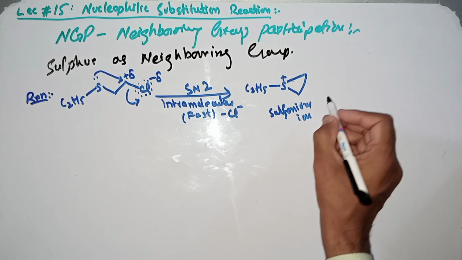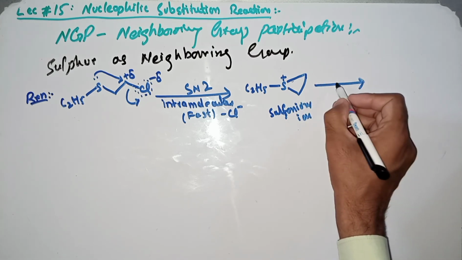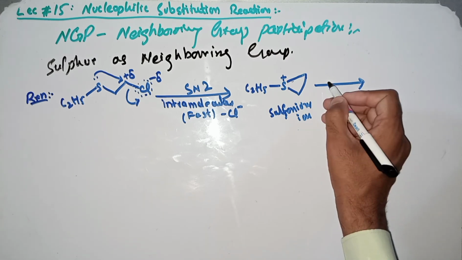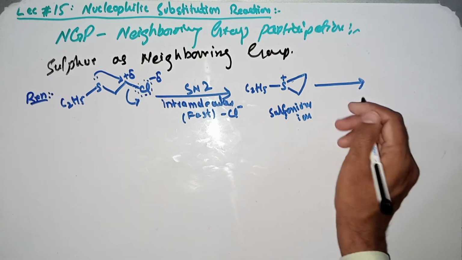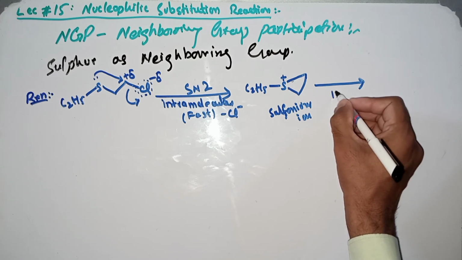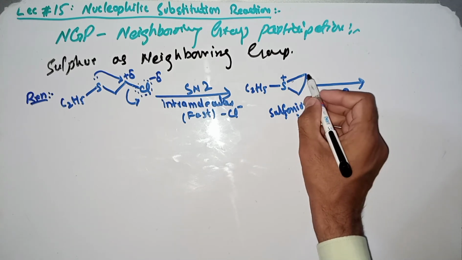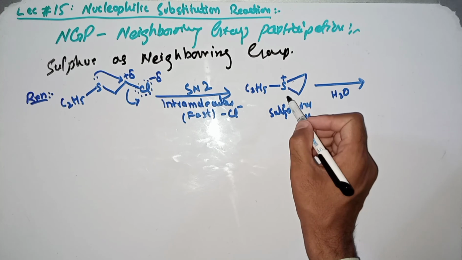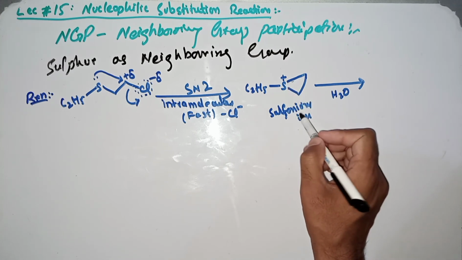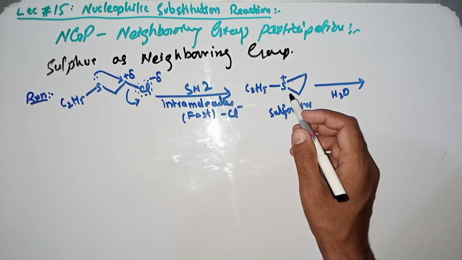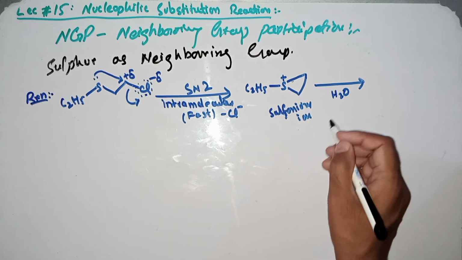After that, once again the SN2 mechanism will be followed. Here in this case, the solvent will attack this sulfur and this carbon, to get stable sulfur, to remove the instability of this ion.